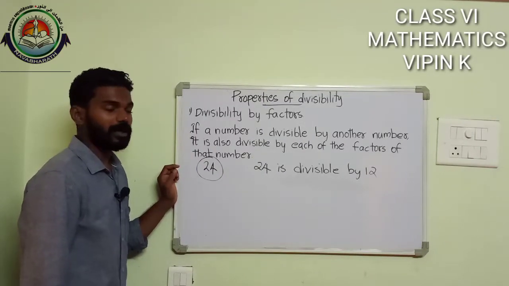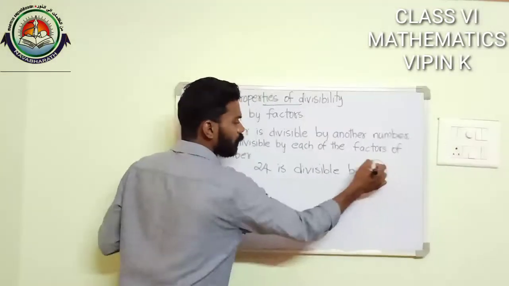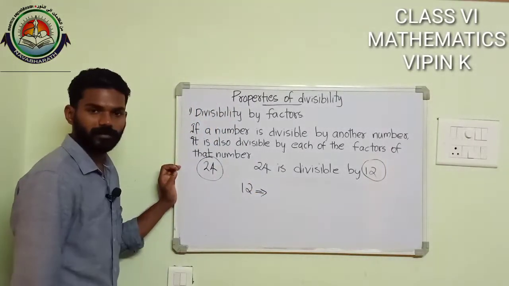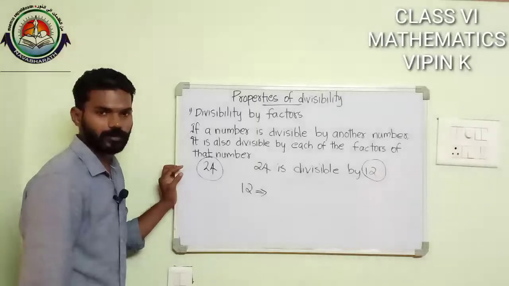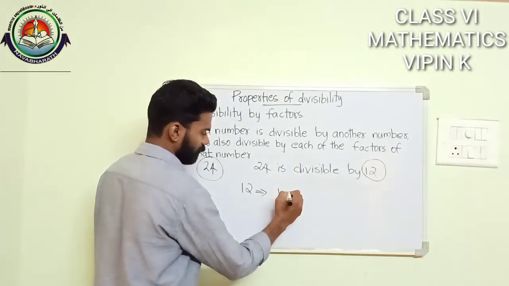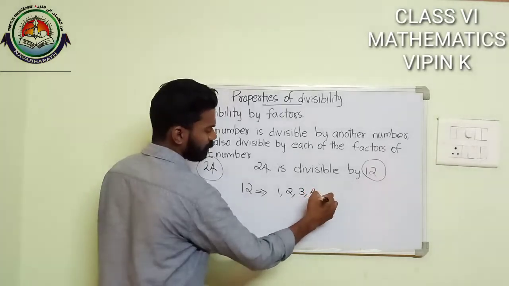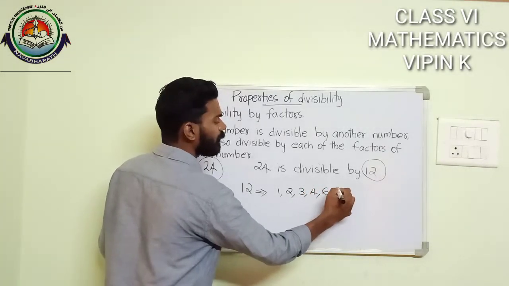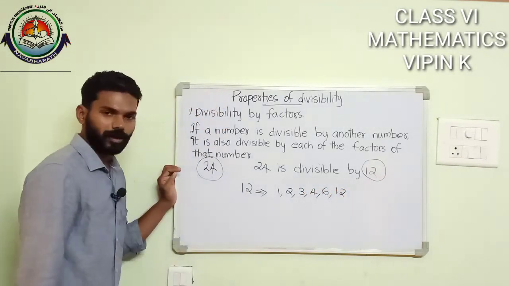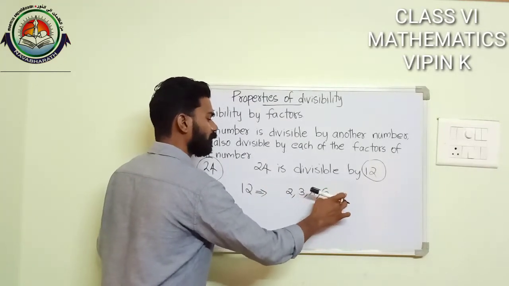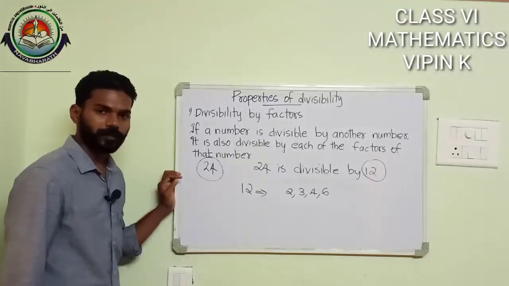Now consider this 12 and the factors of 12. Which are the factors of 12? 1, 2, 3, 4, 6, and finally 12. Out of that, 1 and 12 we do not want to consider.